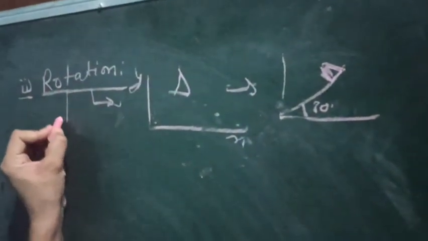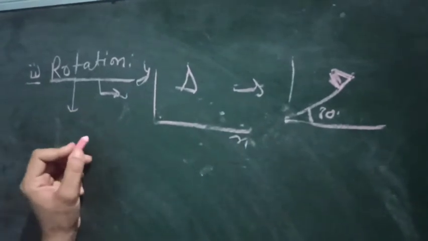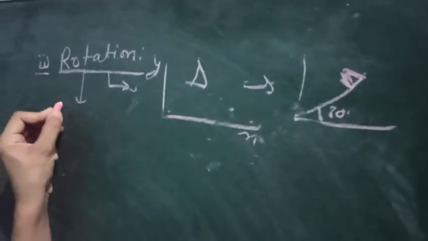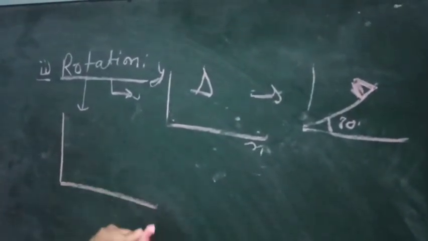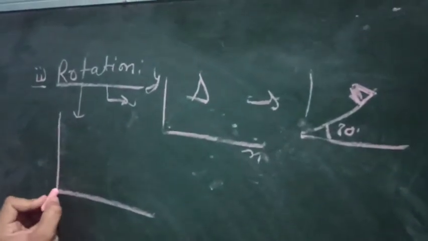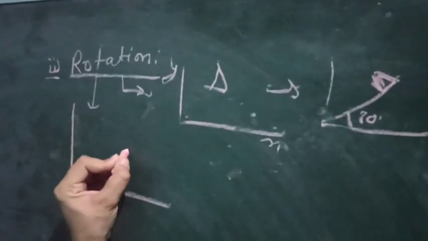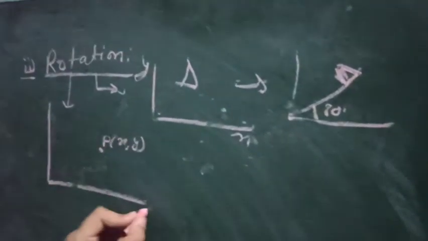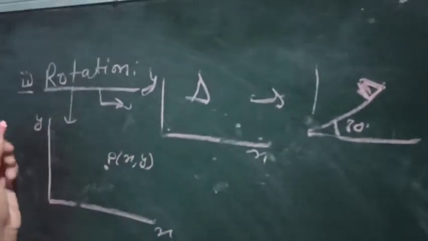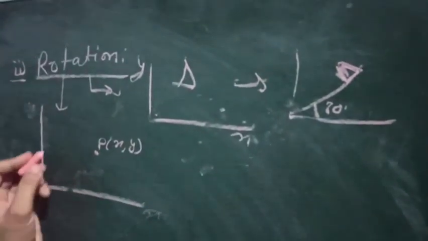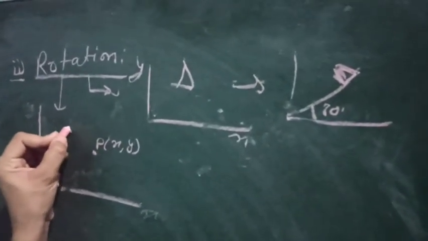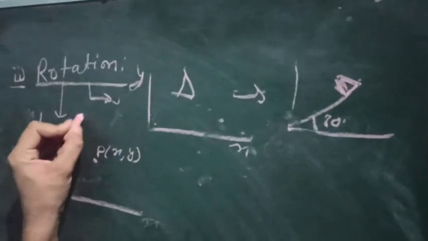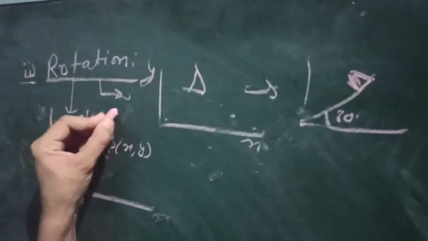Then how can we rotate the object? Let's understand it with the help of a diagram. Suppose we have a figure and we have a point P x y in this space and another point P dash x dash y dash.